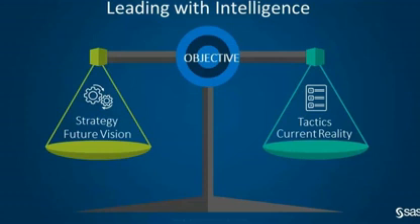The great leaders become great by balancing strategy with tactics, future vision with the current reality, and strength with weaknesses, all with the end goal of accomplishing a clearly defined objective. And great leaders also understand that people are the most valuable resource that an organization has.